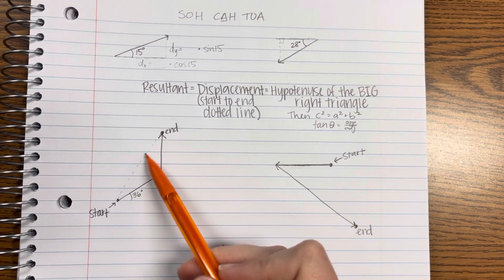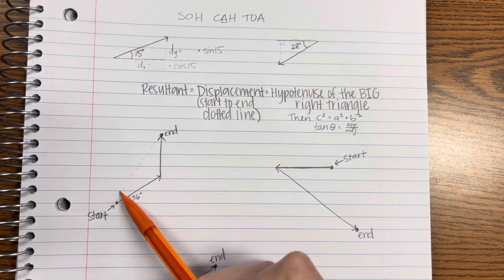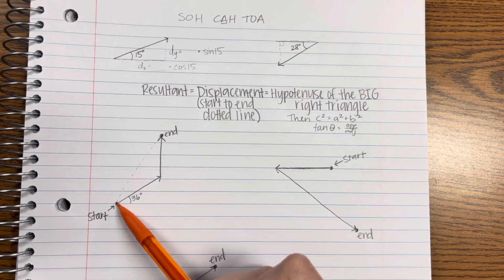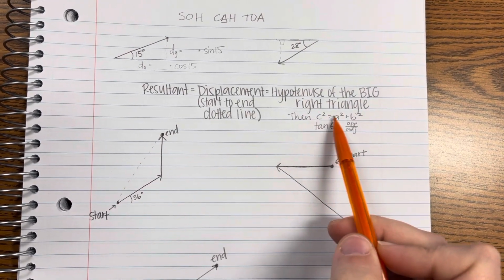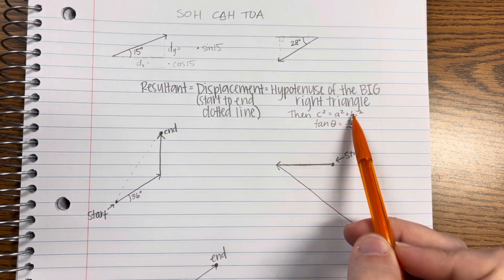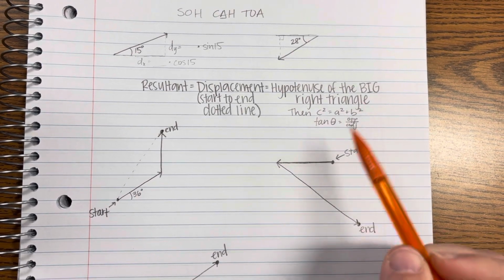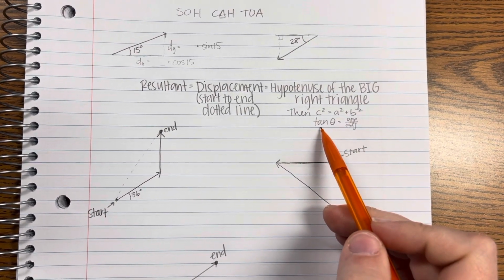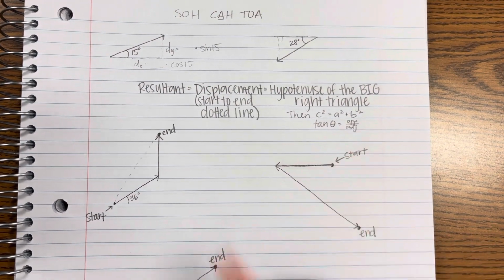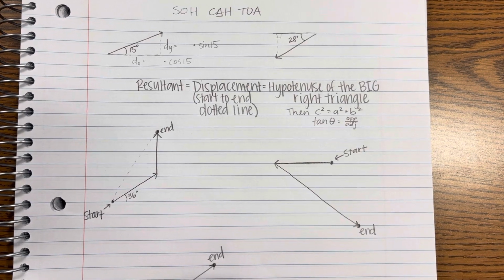Okay, that's what we're trying to do for these. This is your resultant, this dotted line. But in order to solve for that, you need the magnitude of it, which you need Pythagorean theorem to find, which means that you need a right triangle. And then you will do the inverse tan. But you have to have a big right triangle.